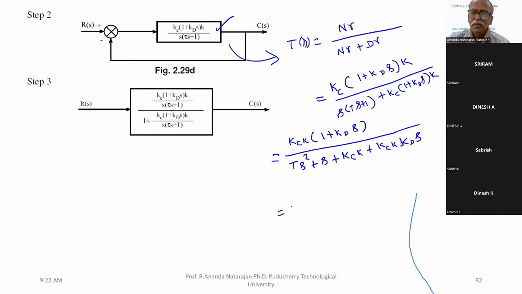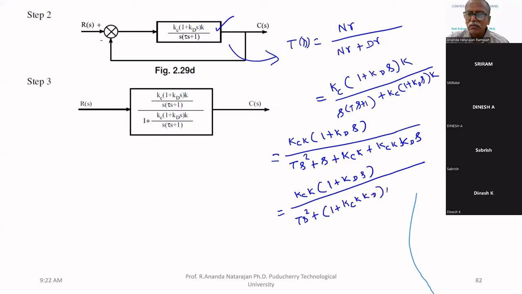If you group the S terms together, what you will get is KCK times 1 plus KDS upon tau S square plus 1 plus KCK KD multiplied by S plus KCK.